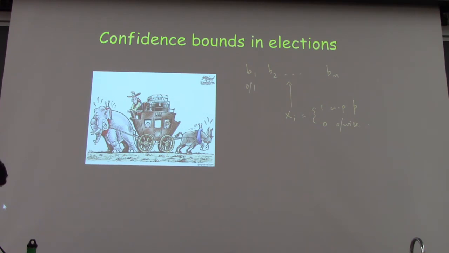And what we said is my estimate for p would be 1 by n times the sum over i of xi. And what's the variance of this estimate?